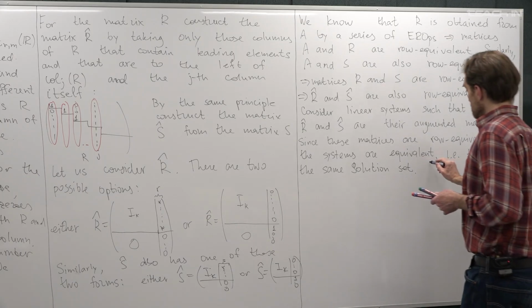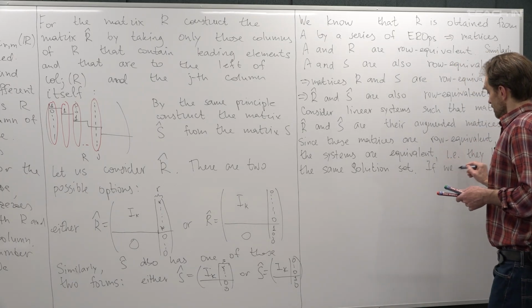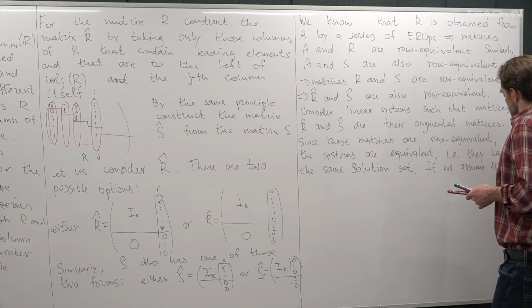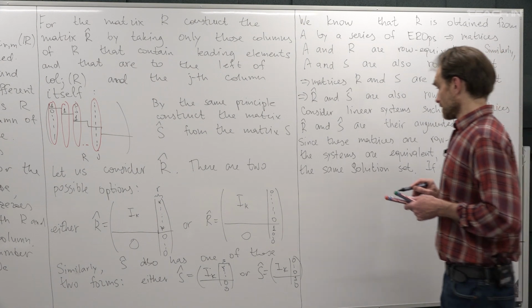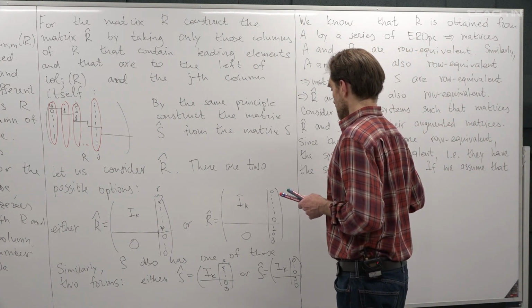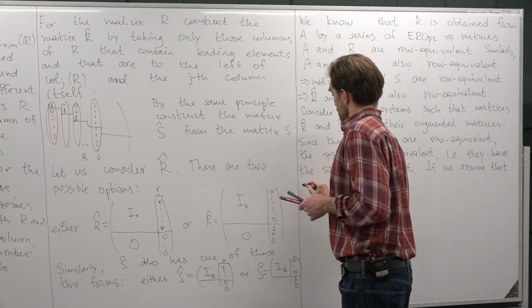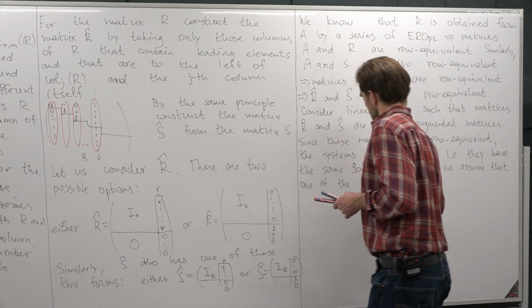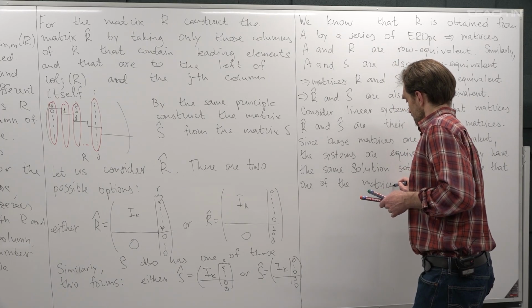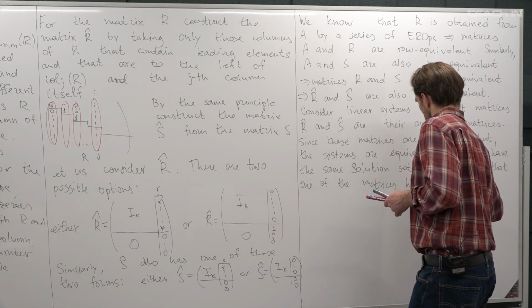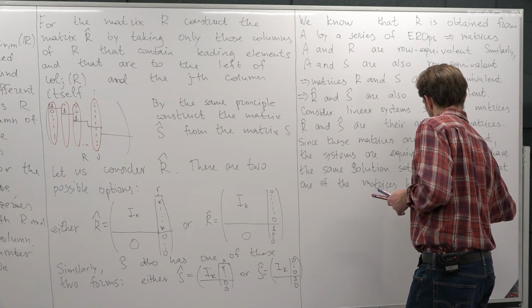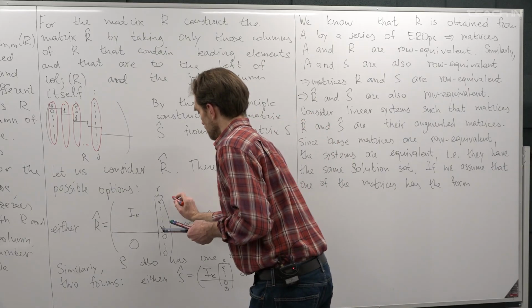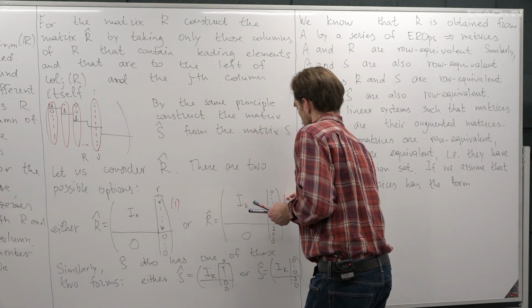Okay, but if we assume that one of the matrices has the form, I will denote, for convenience, this form by 1 and this form by 2.